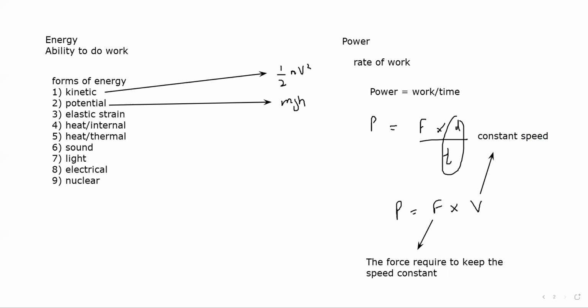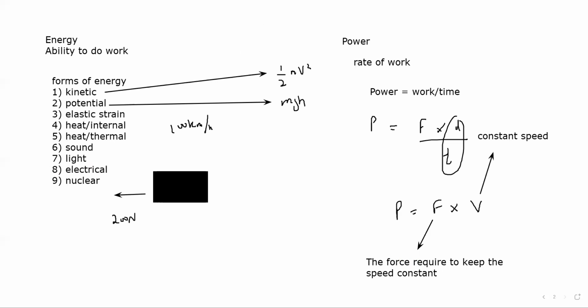For example, if there was a car experiencing air resistance of say 200 newtons, and the car was originally moving with a speed of 100 kilometers per hour. To maintain this 100 kilometers per hour, how much driving force do I need if I want a constant speed?